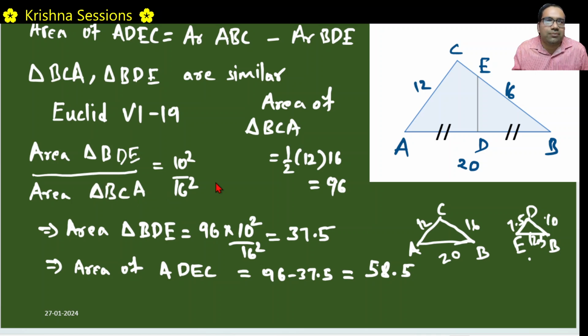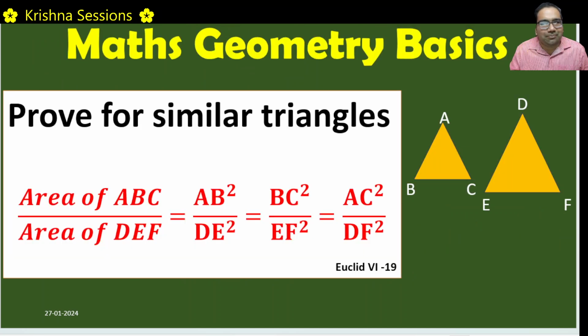Now, the ratio of the areas of two similar triangles is equal to the ratio of the squares of corresponding sides. But how do you know? Because the legendary mathematician Euclid said this. We have already proved this also.